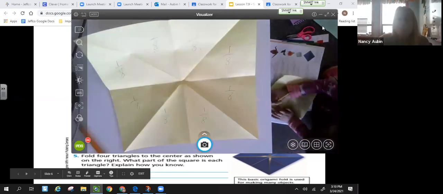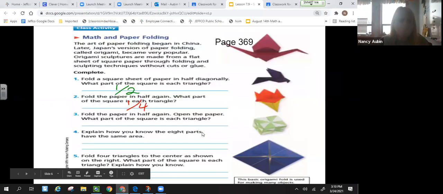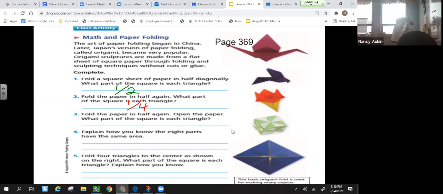So in your workbook, you're going to write 1/8. And as we keep folding into equal parts, the denominator gets larger as our pieces get smaller.